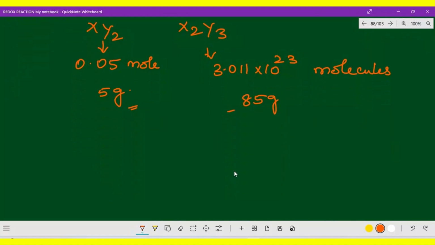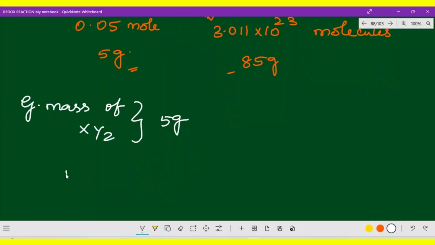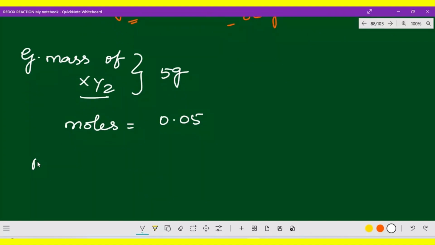Right, now the first one. Given mass of XY2, the number of moles we have to identify. The given mass is 5 gram and moles are 0.05. Now here we have to identify the molar mass of XY2.